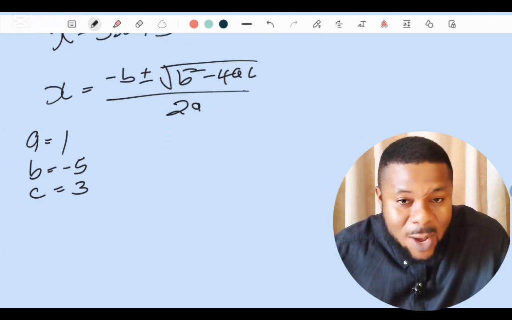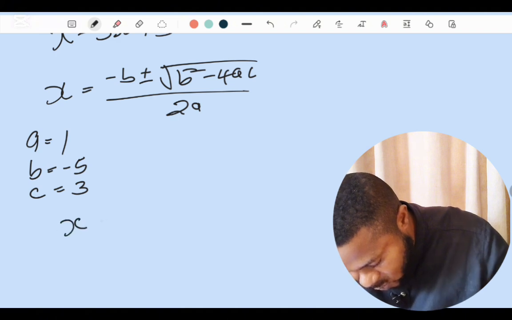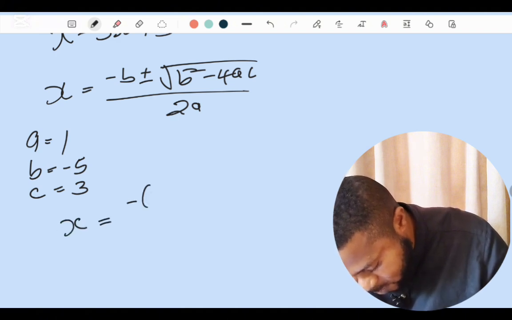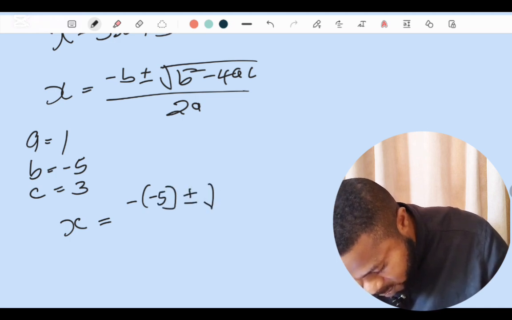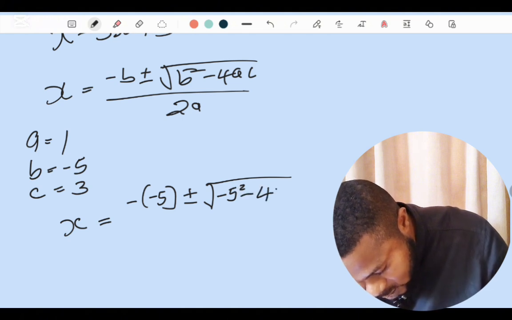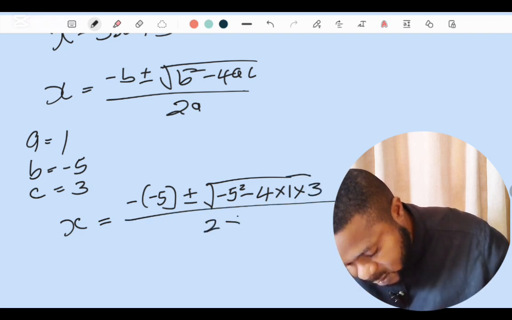So we are going to now substitute our values. x is equal to minus b, so our b is minus 5, plus or minus square root of minus 5 squared minus 4 times 1 times 3, all over 2 times 1. a is 1.